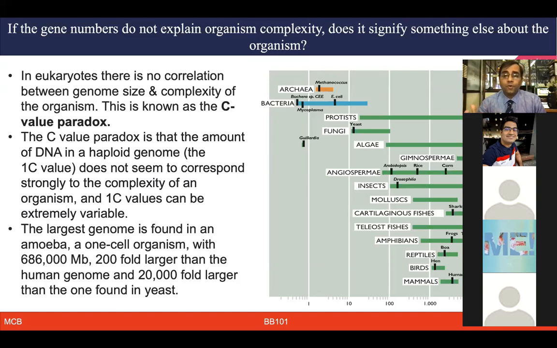Therefore, genome size versus complexity, or the feature or the phenotype, are not directly correlated. This observation has been studied by a few scientists, who have termed it the C-value paradox, which means that the amount of DNA in a haploid genome, which is one C-value, does not seem to correspond strongly to the complexity of an organism. Therefore, this C-value can be very indeterminate, and that is a paradox in this field.